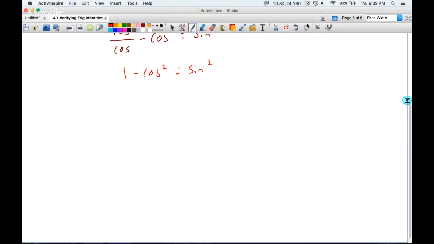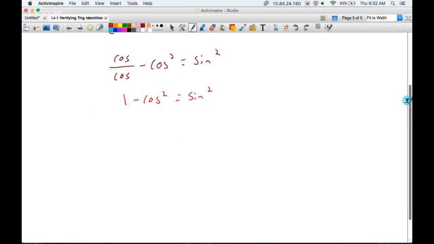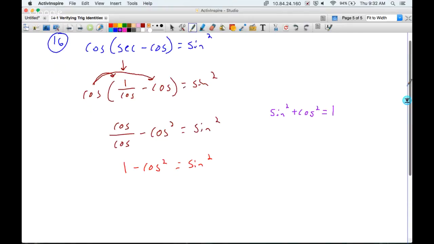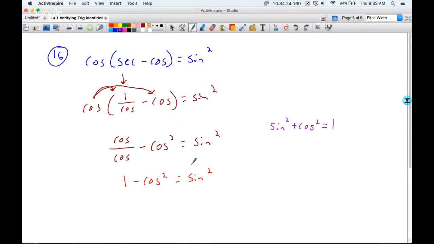Few ways we can do this. One is to take my Pythagorean identity and manipulate it to match this, or rearrange this, and essentially if I add cosine squared to both sides, I will have the Pythagorean identity. I'm going to go with that first way because it's a little bit more tricky. And when doing verifications, you're going to avoid ever crossing the equal sign.